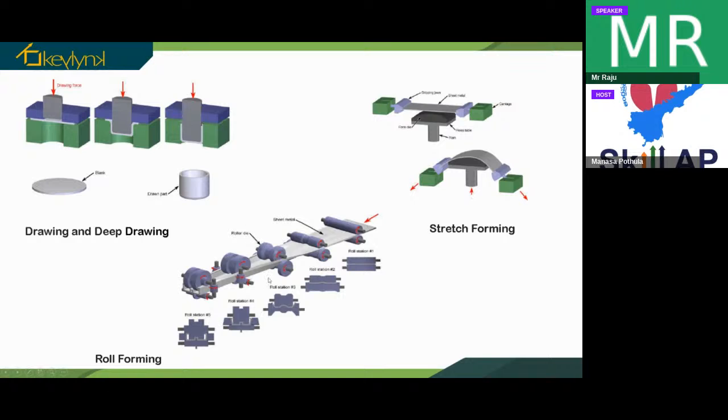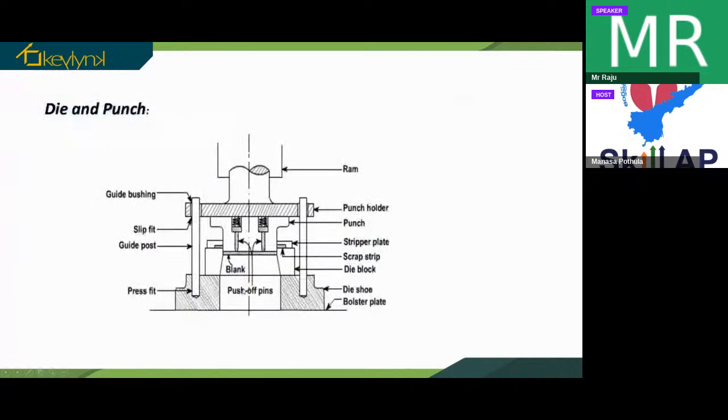And also in the third station, there will be some rollers rolling constantly, and they will also have some hollowed structure here, which will give a bent structure to the sheet metal that we are rolling here. And finally the product will look like this after all the roll formation. So that is roll forming.